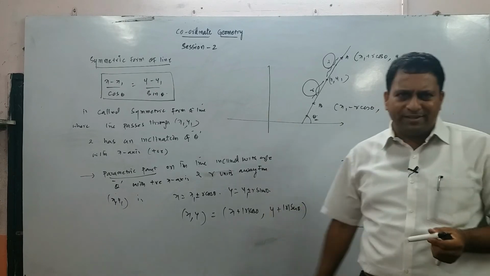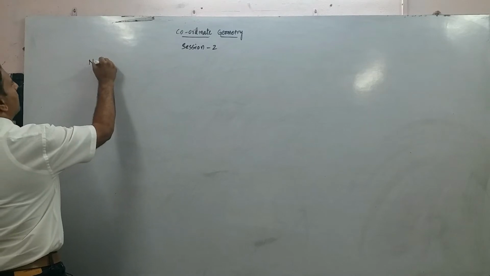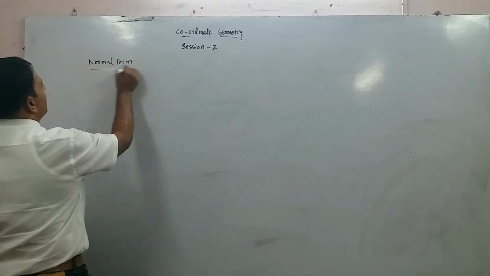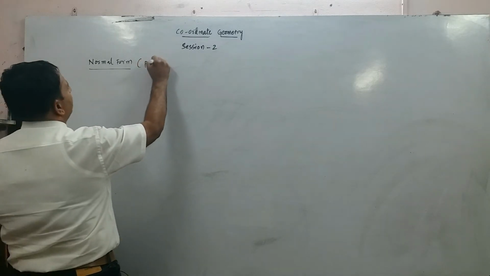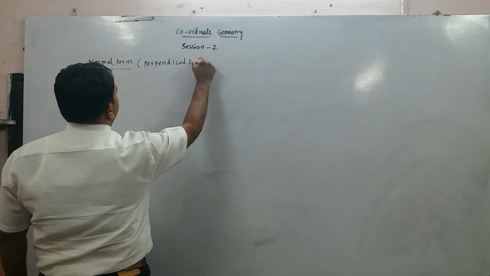I want you to understand this. Normal form of line. Normal form is also called perpendicular form. Right?